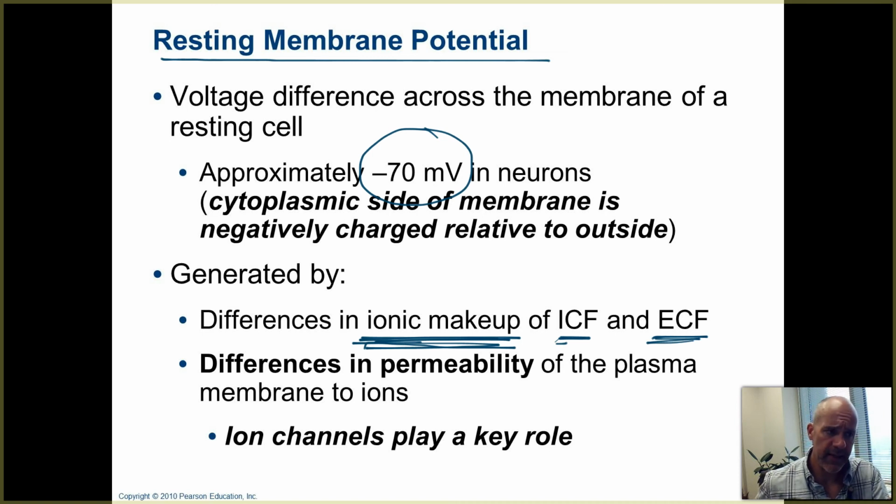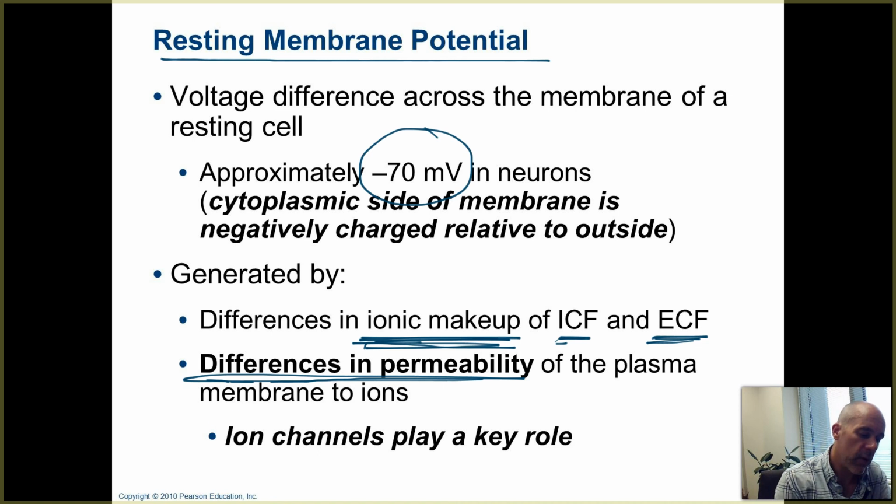How do cells control this? Differences in permeability. Permeability means the ability of an ion to cross the plasma membrane from one side to the other. So there are differences in permeability between different kinds of ions. Sodium and potassium are the ones we're mainly going to be focused on here.